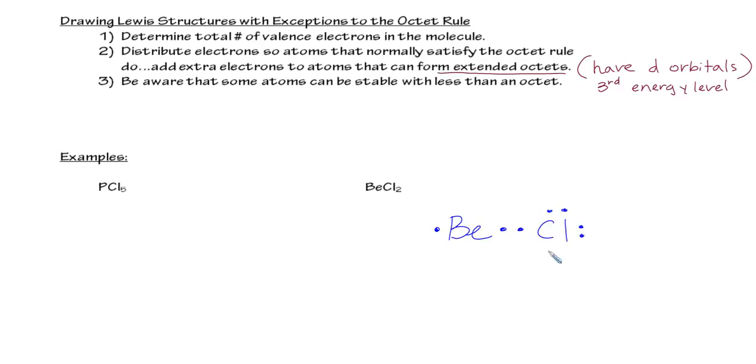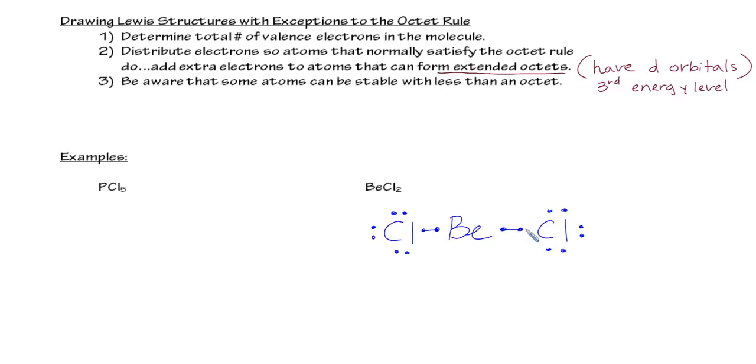I draw the dots on chlorine like I normally would, 7 valence electrons, organized as a single and 3 pairs. You can connect the dots, you can circle the dots or whatever to show that you've got 2 bonding pairs of electrons on beryllium. And I know it has less than an octet, but that's okay. What else are you supposed to do? It doesn't have any more electrons available, and it's not an ion. This is stable as is.